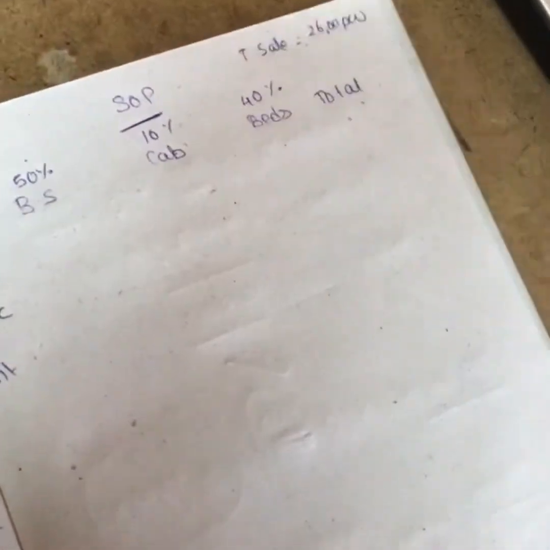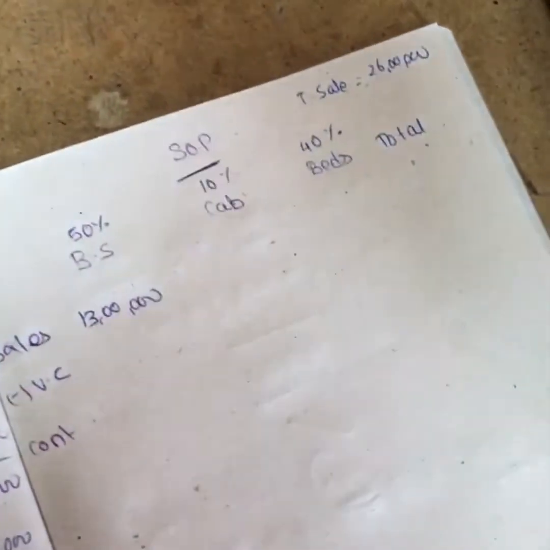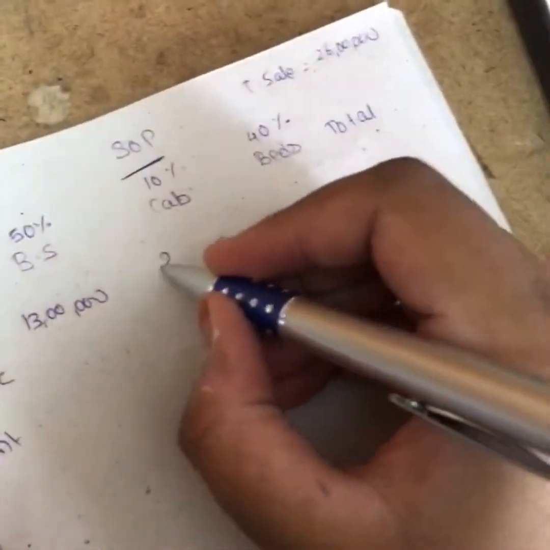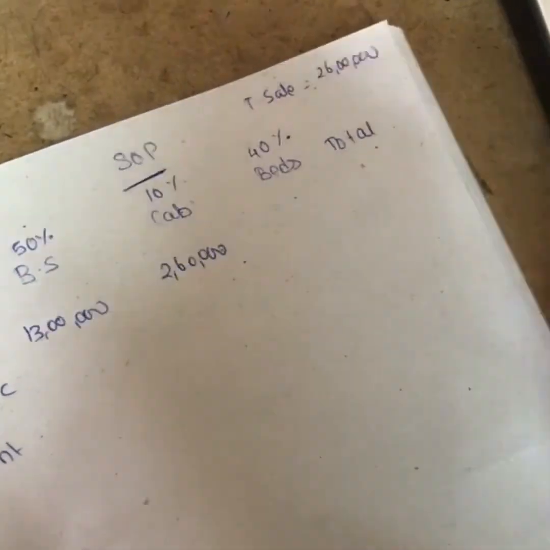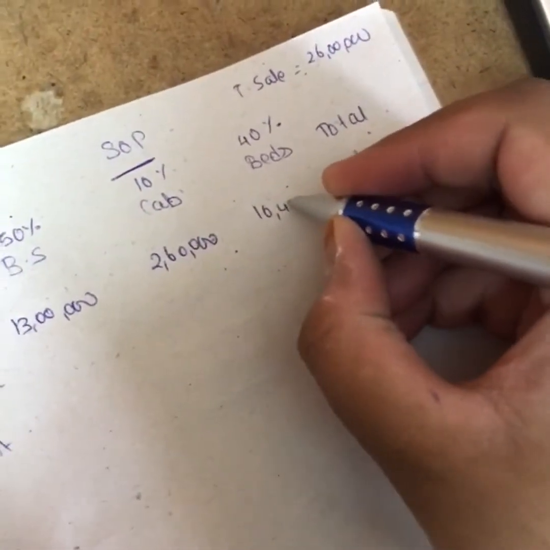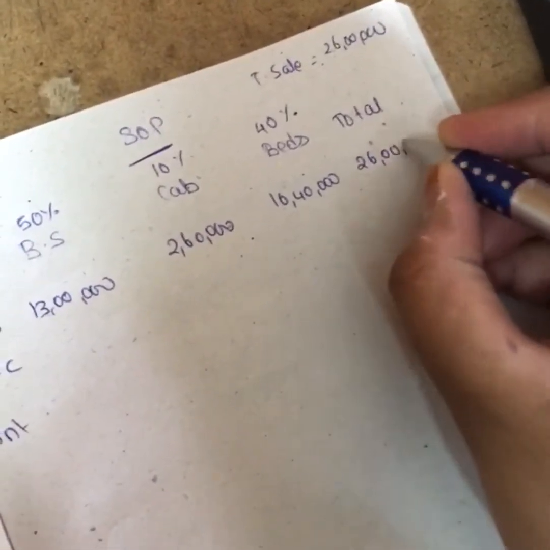The same way, 26 lakhs into 50%, obviously it is 13 lakhs. Then for 10%, it is 2,60,000, and 40% it is 10,40,000. So the total of it is 26 lakhs.